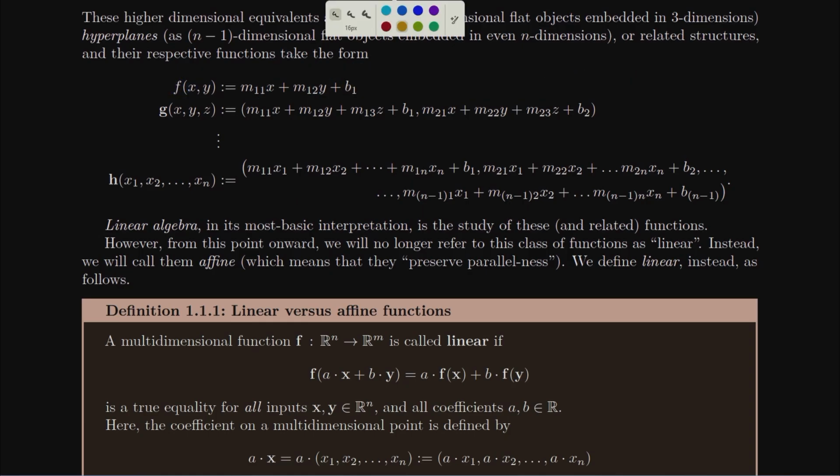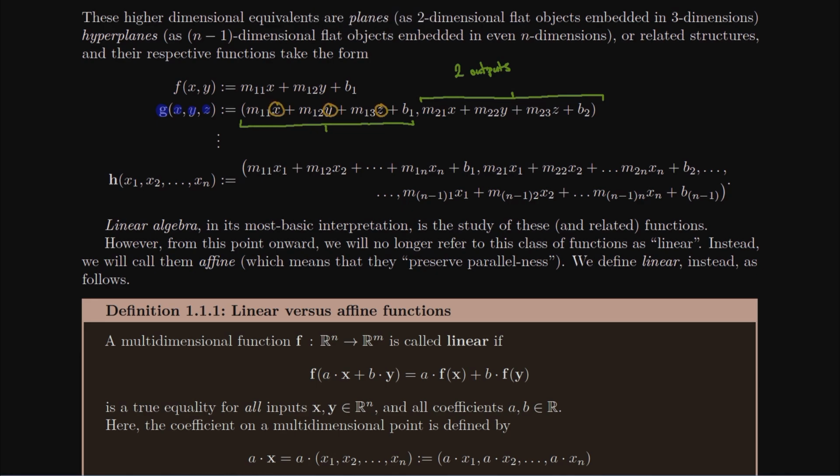My next example, G here. Notice I've bold-faced G, and then I have three inputs to G. G is bold-faced because it has itself two outputs, and it has three inputs. There's my three inputs. And of course, each of the inputs is associated to its own slope. These are the input slopes in the first output.